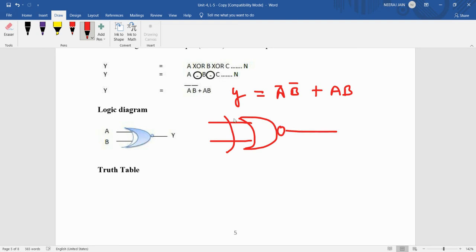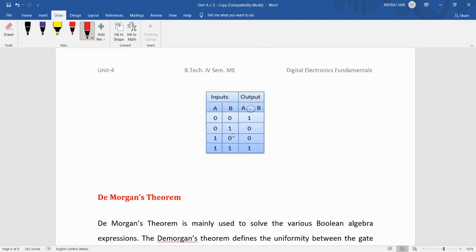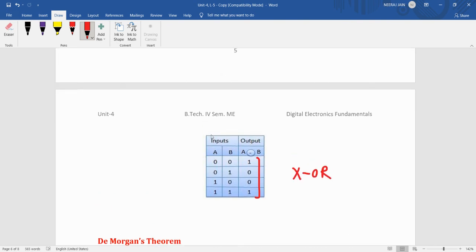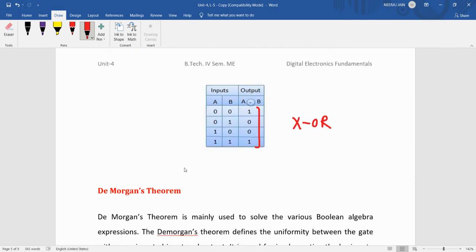So that is the reciprocal of the XOR gate. Now the truth table will be the reciprocal of the XOR gate. So in this way these are our gates. We should remember the logic diagram and truth table.